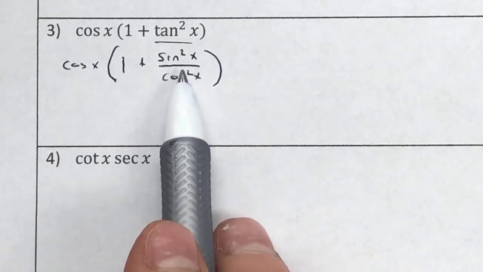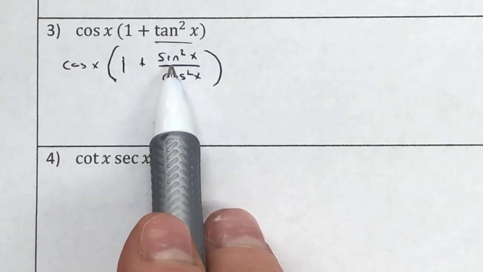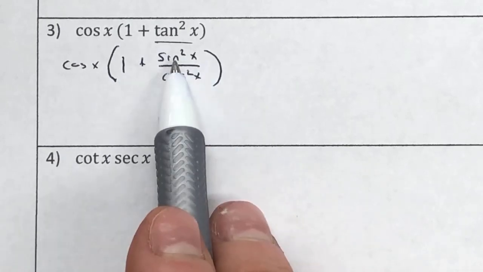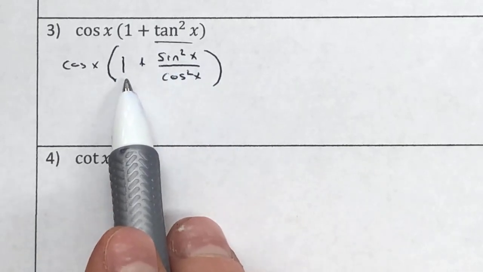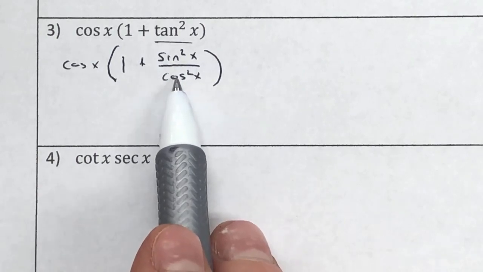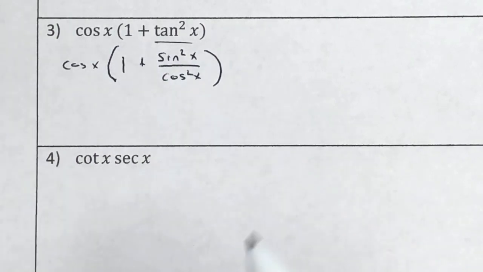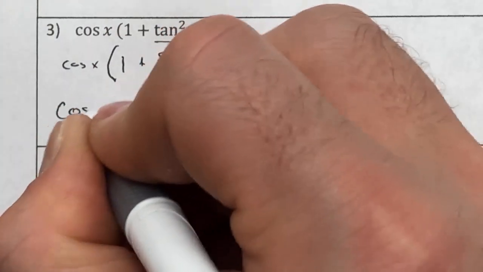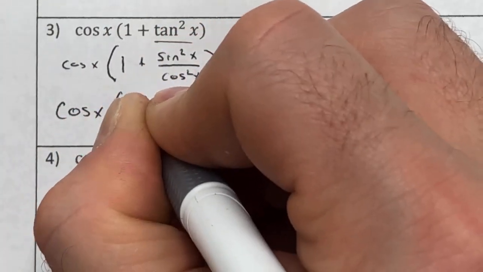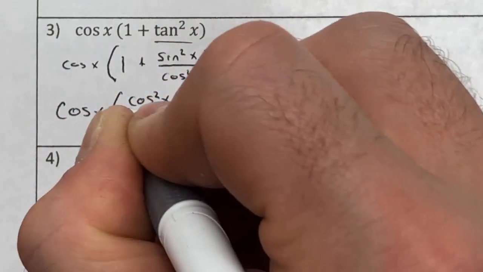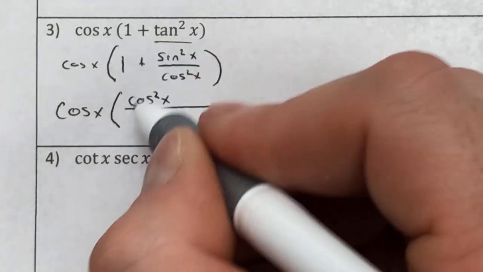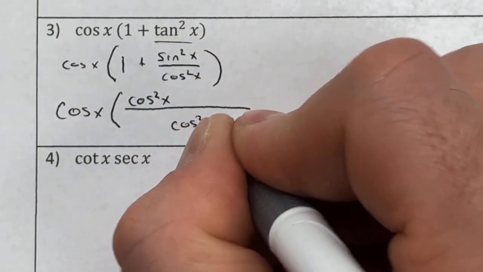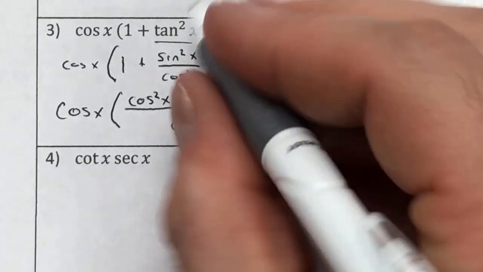I have 1 plus this, which means I need to take this 1 and combine it with this fraction. So I'm going to multiply the top and the bottom of 1 by cosine squared of x in order to add the two tops, so that I can add these two fractions.